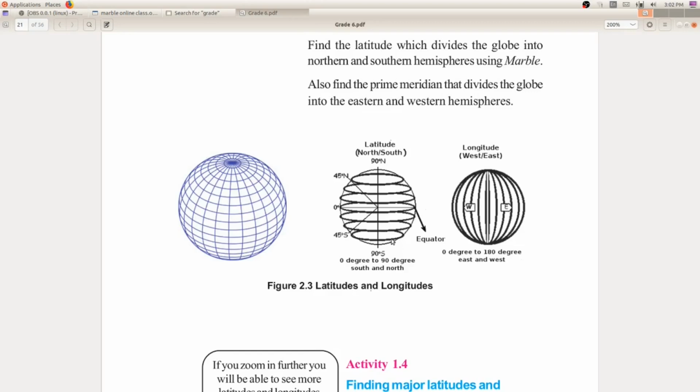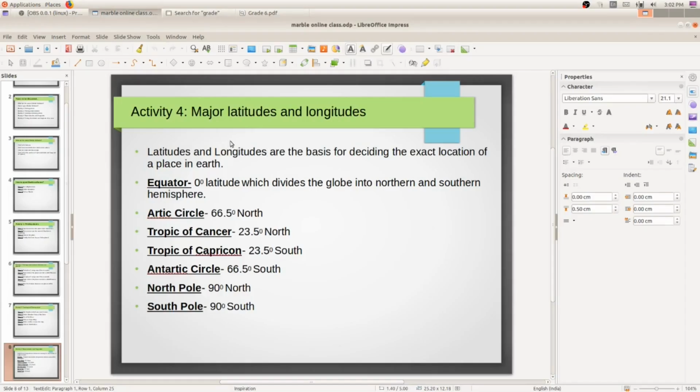Hope all are clear. Okay, what is the next one? Arctic Circle, and you check the other one also, Tropic of Cancer. These both are in the north side, in the northern hemisphere, and you note down the degree. Arctic Circle is at 66.5 degree north.